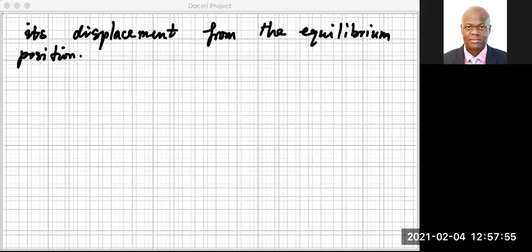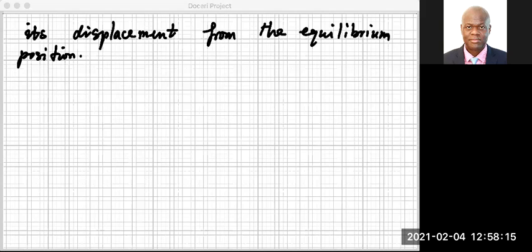So in the case of a spring, when the spring is neither stretched nor compressed, it is said to be at equilibrium. In the case of a pendulum, when it's hanging freely, not displaced on either side, that is known as equilibrium.